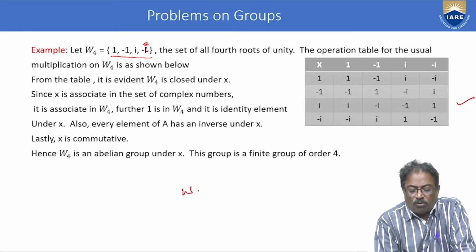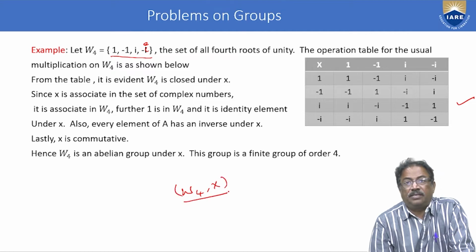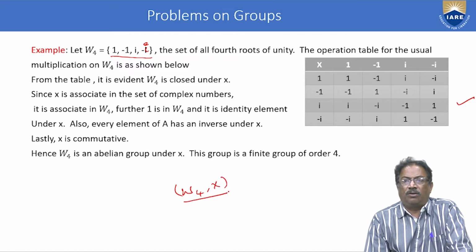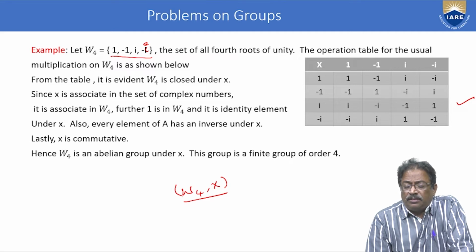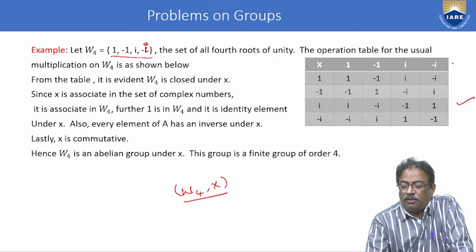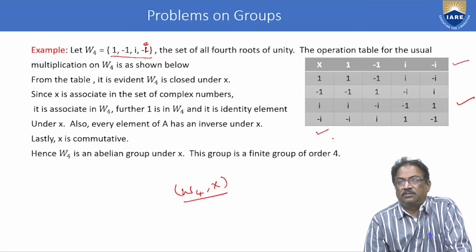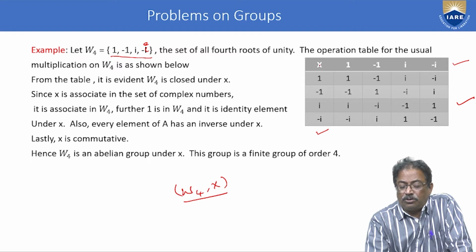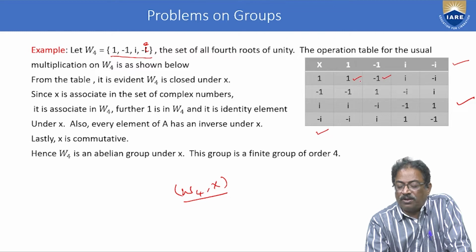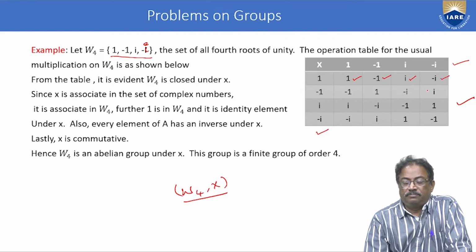So (W4, ×) is a group or not, that we have to verify. Here are the elements that are members of W4. Once I multiply, 1 into 1 is 1, 1 into minus 1 is minus 1, 1 into i is i, 1 into minus i is minus i.